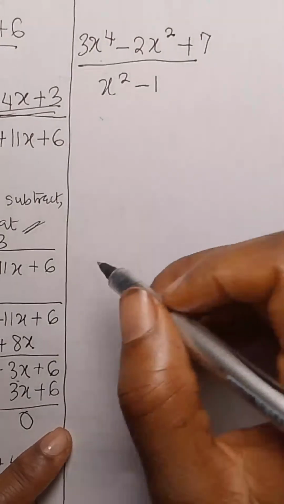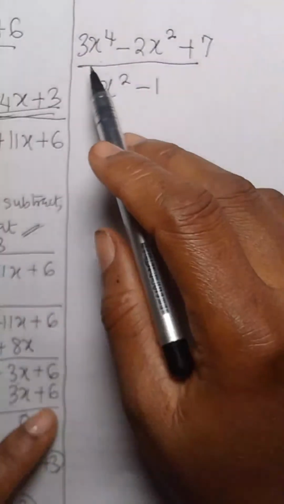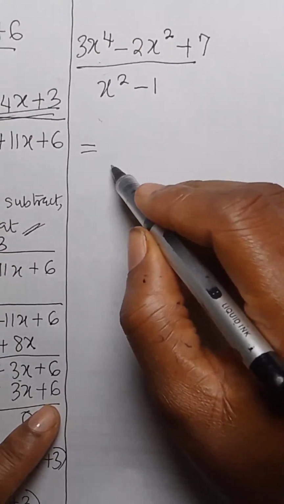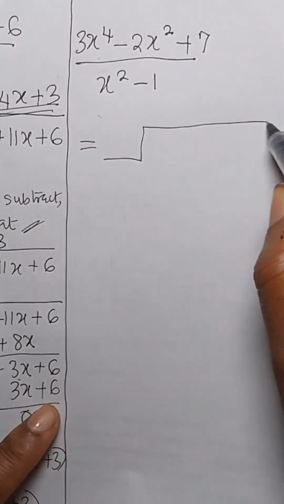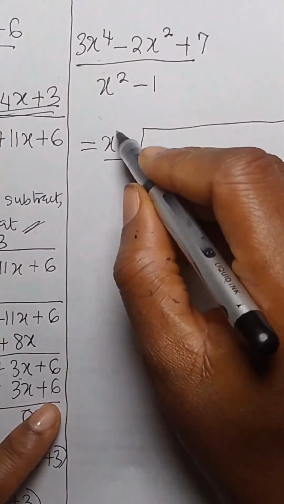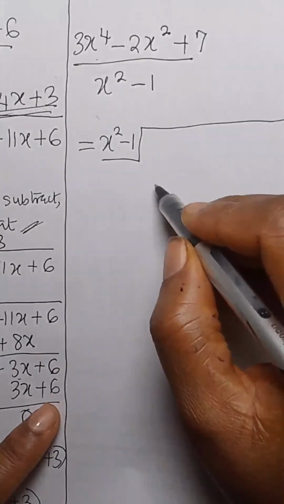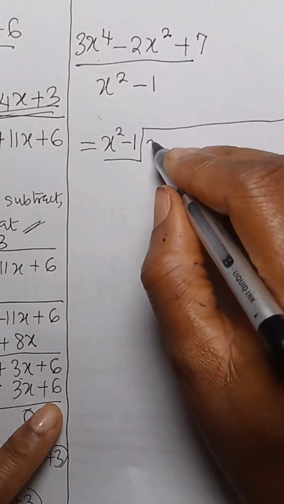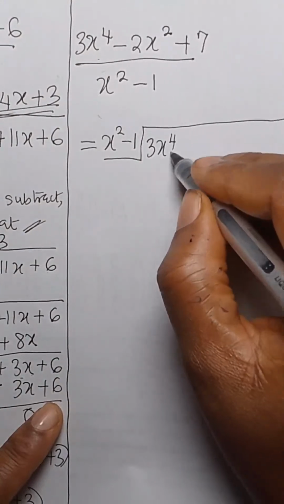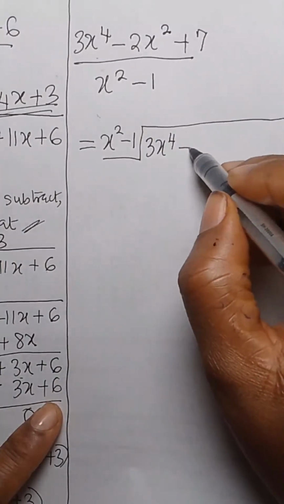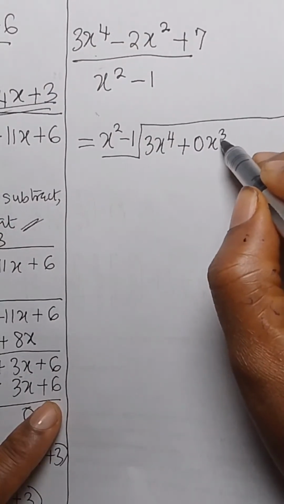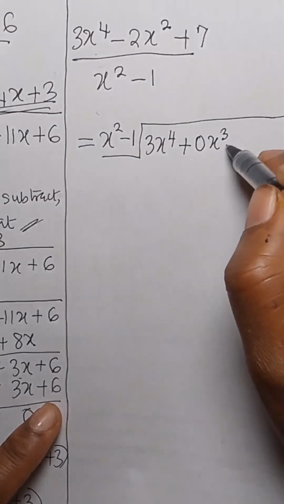Okay. So let's go. Now, first we are going to include the missing numbers. Okay. So I have x squared minus 1. All right. So we have here 3x to power of 4. There's no power of 3, so we are going to include this, adding it as 0x cubed.